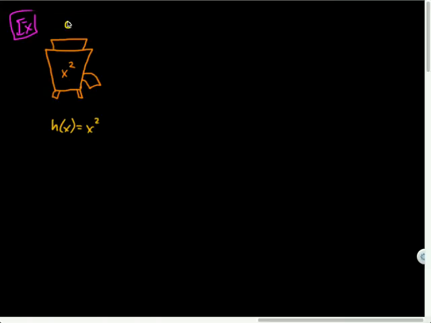I plug in a 0. What do I get? 0. Okay. I guess we can write some of this down. So h of 2 was 4. h of 0, I could write that out, is 0 squared, which is 0. I plug in -1.